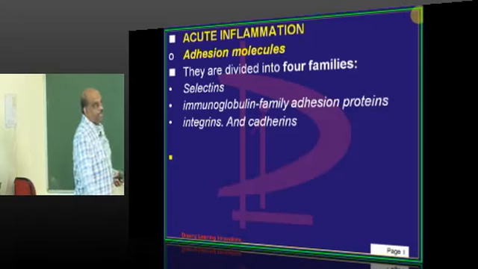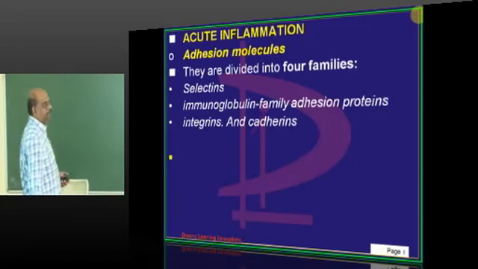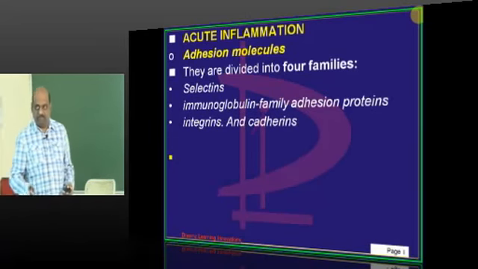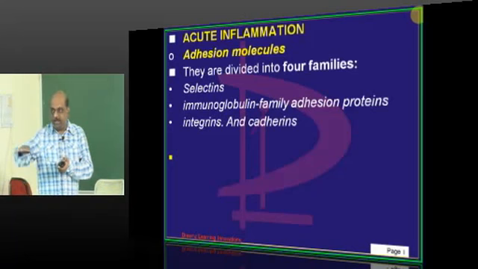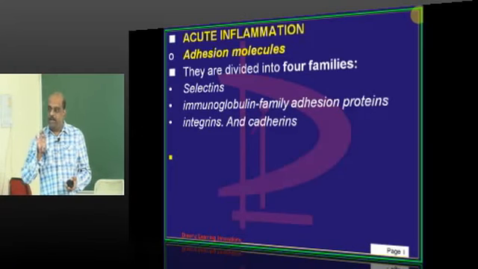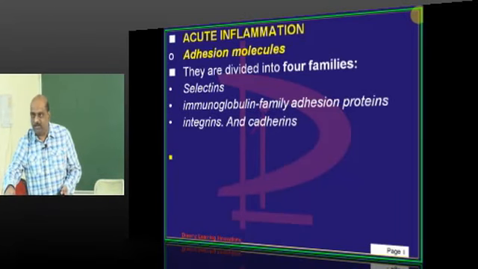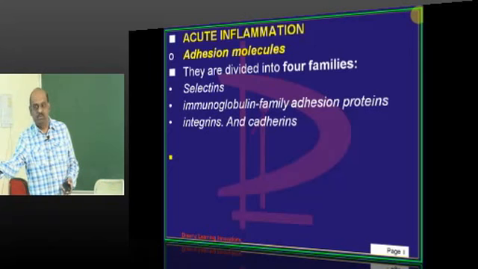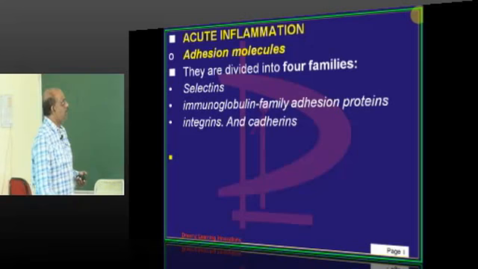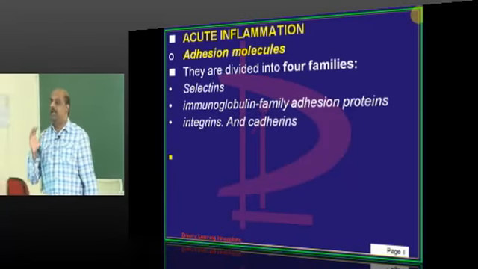Now, doctor, acute inflammation, how is it mediated? Basically, there is a step called adhesion. First of all, there is a vascular endothelium. The inflammatory mediator first needs to adhere, roll, squeeze between the endothelium, and then enter into the tissues. So adhesion is a very important first step in acute inflammation.